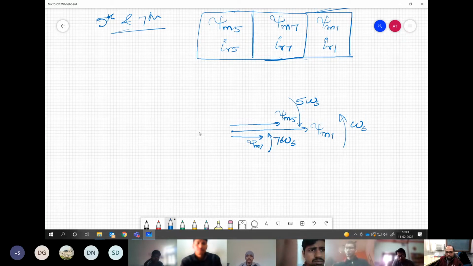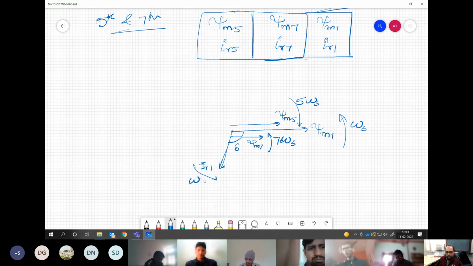Now, sir, we have the current. So fundamental current is at this kind of angle. You can say this is delta. It is close to ER. So I am drawing over here IR1, and it is rotating in counterclockwise direction with omega s. Then we have 5th harmonic current, which is coming over here, IR5, rotating in the clockwise direction with 5 omega s.